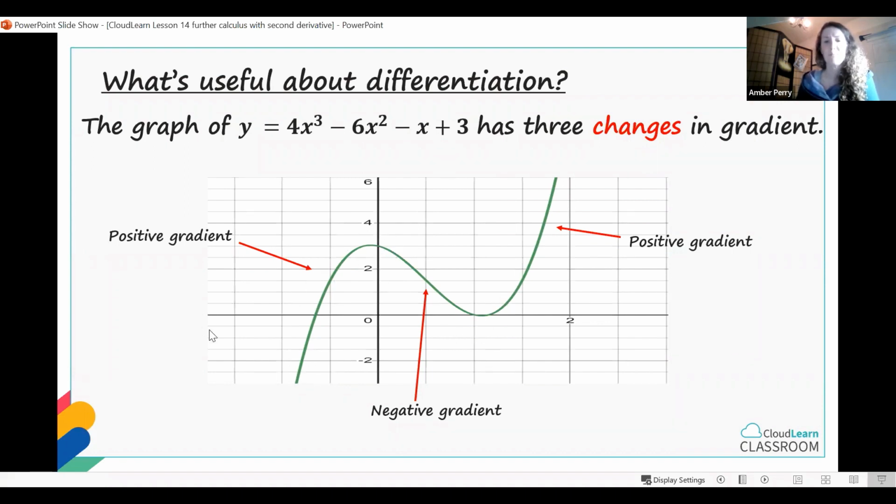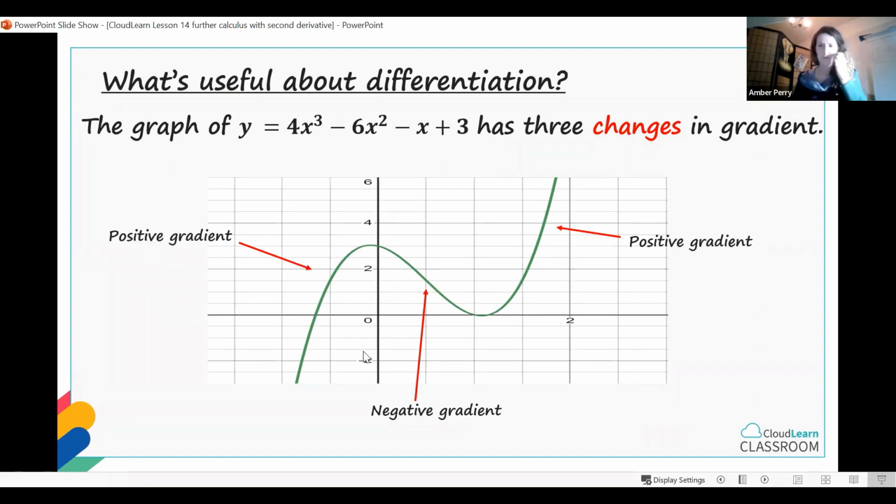But the more useful thing, and we'll go into this a little bit later after we've done the stationary points, is recognizing where the gradient is changing. It's going through this point here, which is a maximum point, changing from positive to negative. And then here it's changing from negative to positive. So those are the important parts of the graph.